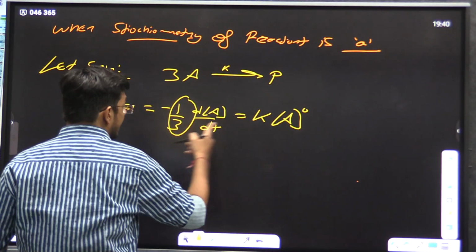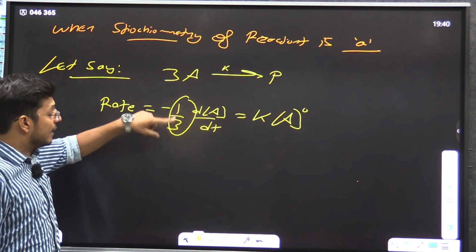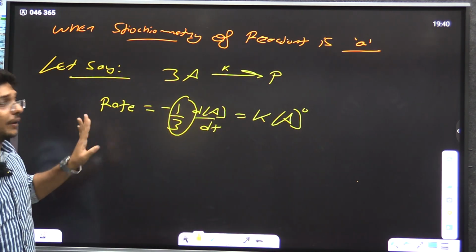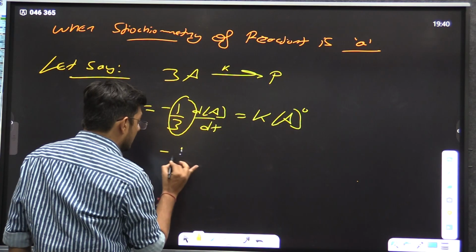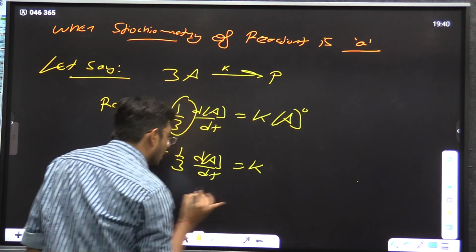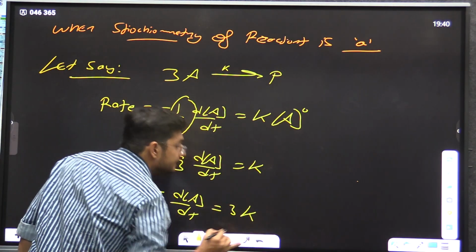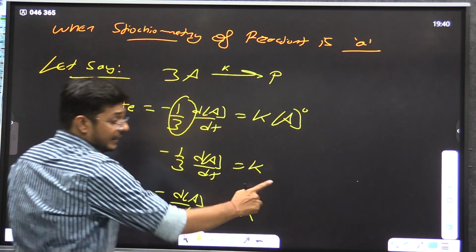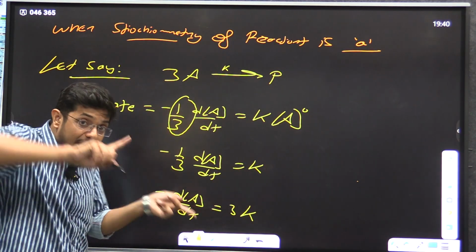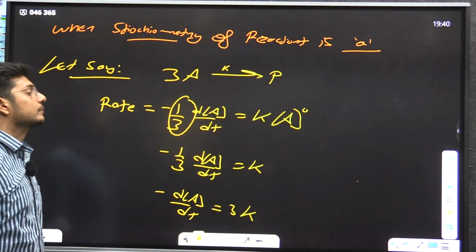This will change the integration data because in the previous derivation we have put the 1 by 1. Now it is 1 by 3. Because now, it's like minus 1 by 3 dA by dt is K, or minus dA by dt is 3K, or 3K dt. That means on integration, this will affect the actual rate constant value.